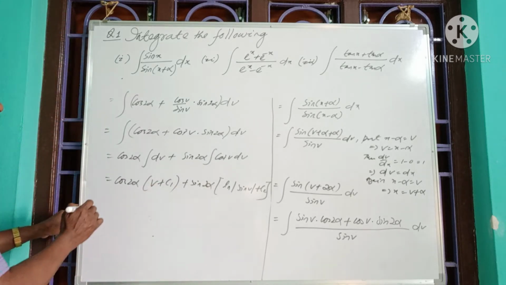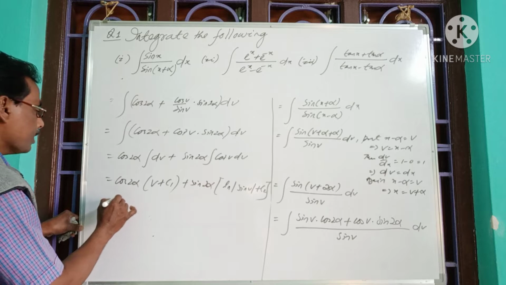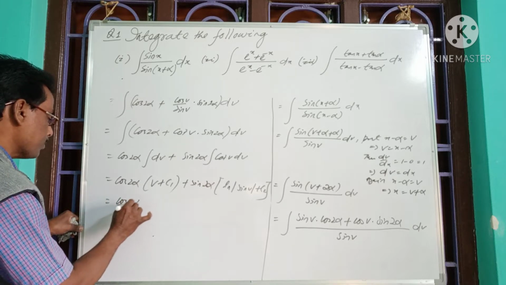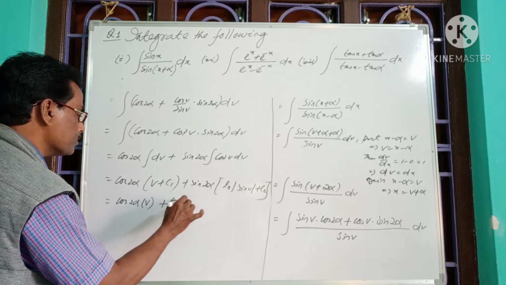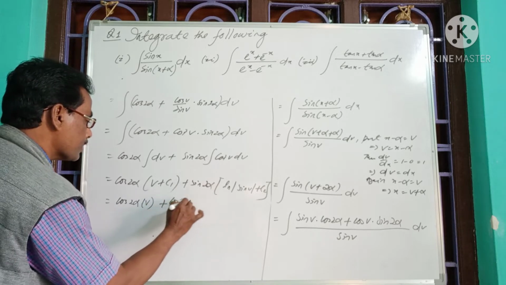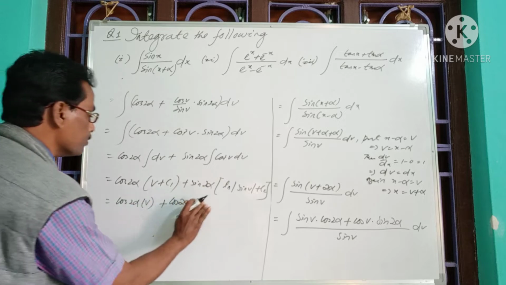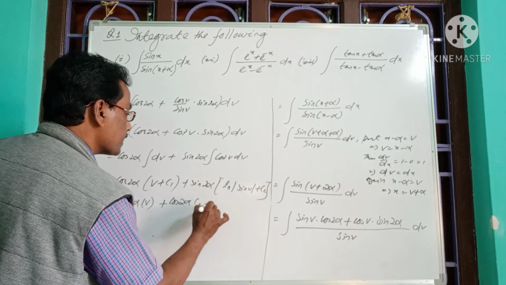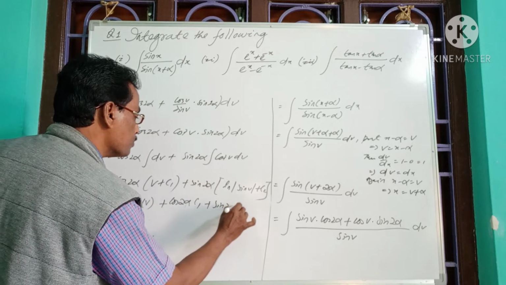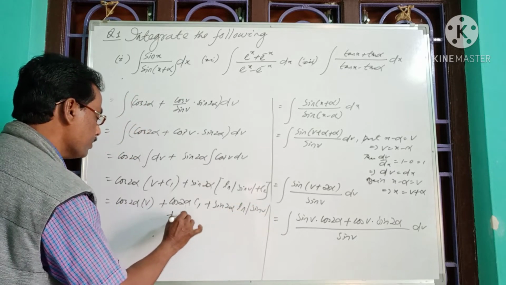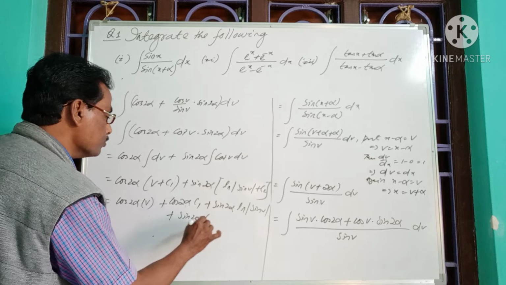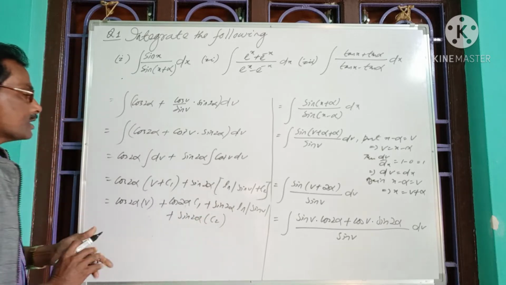So again simplifying, we have cos of 2 alpha into v plus cos of 2 alpha into c1 plus sin of 2 alpha into ln of mod sin v plus sin of 2 alpha into c2, where c2 is the second constant of integration.